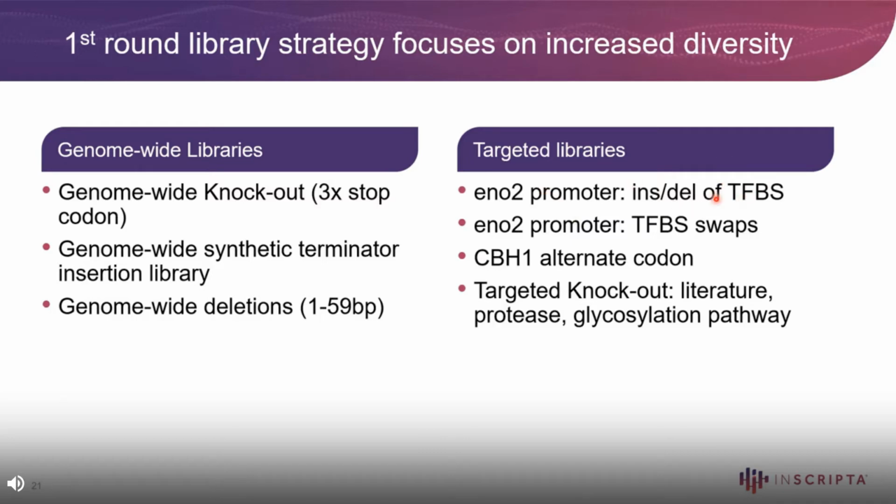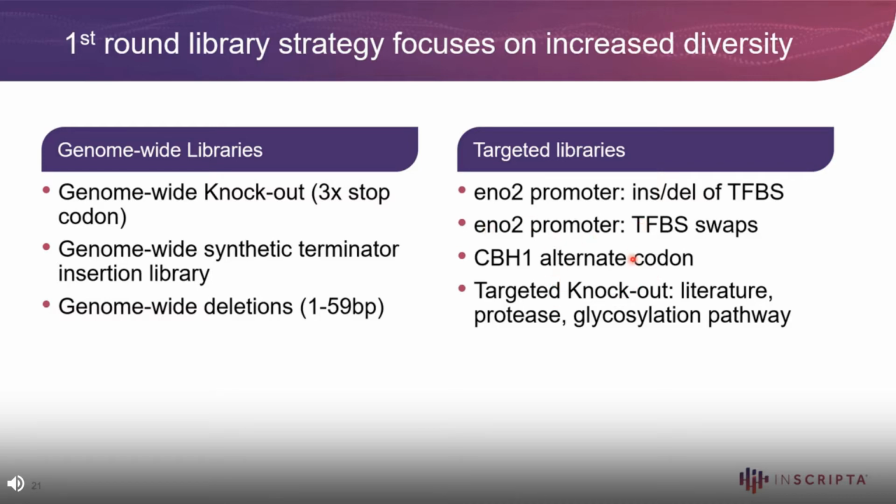So we had one library concept where we took the predicted transcription factor binding sites and either inserted extra copies of them or deleted them. Another strategy where we took those same binding sites and we swapped in various other yeast transcription factor binding sites at those locations.